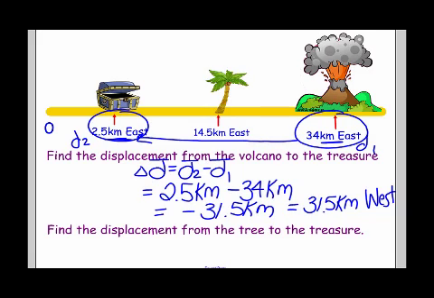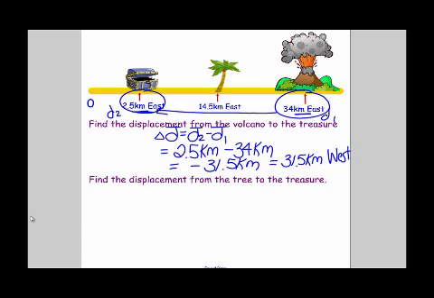Displacement from the tree to the treasure. Okay, back to this one. Displacement from the tree to the treasure. Again, we're starting with our same steps. D2 minus D1. Hopefully you're starting to get the hang of this.